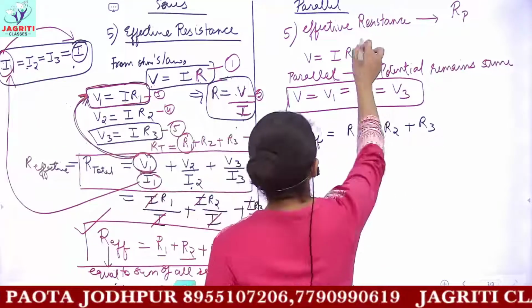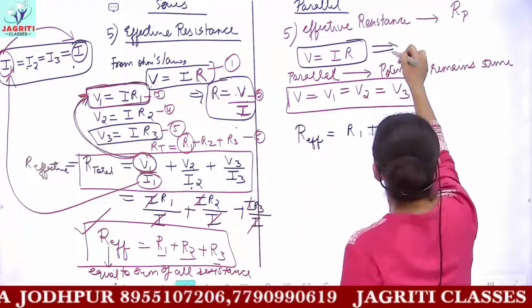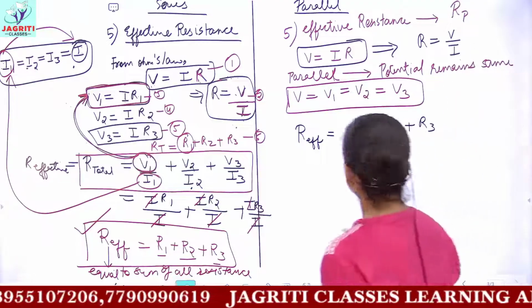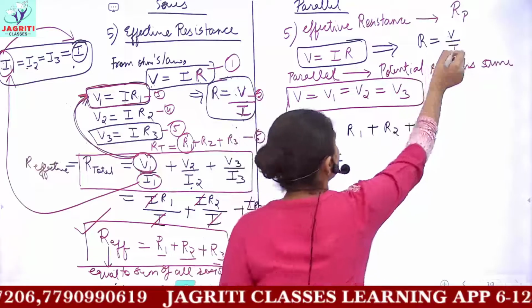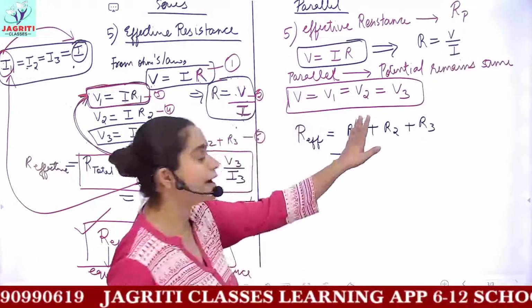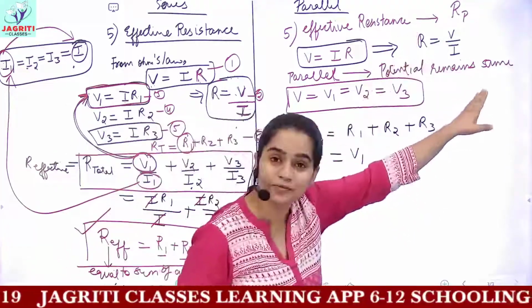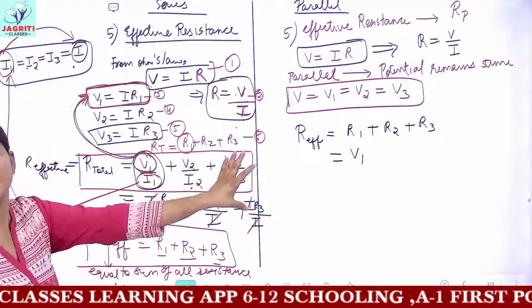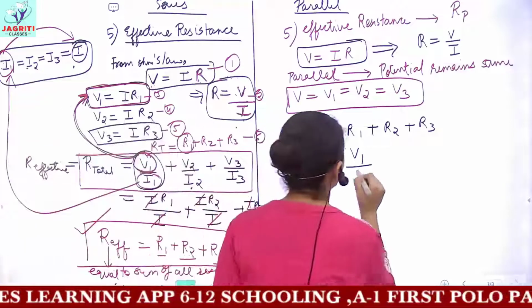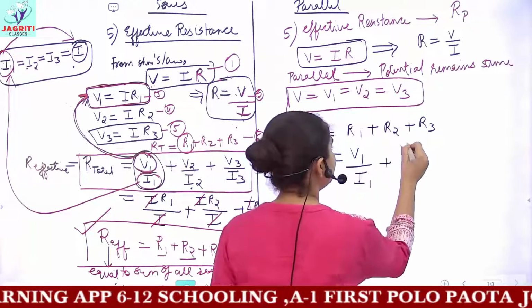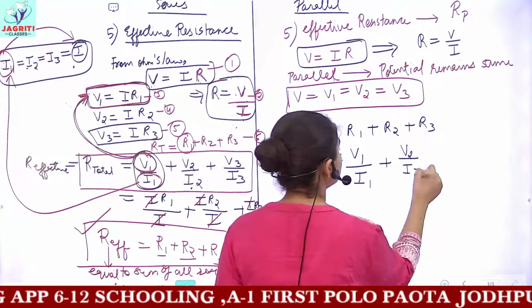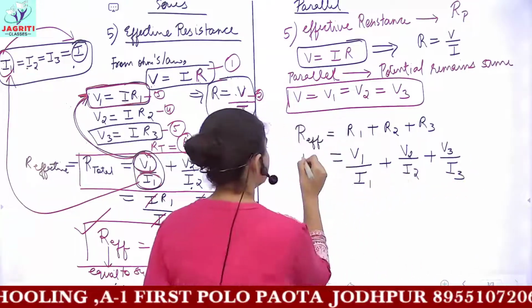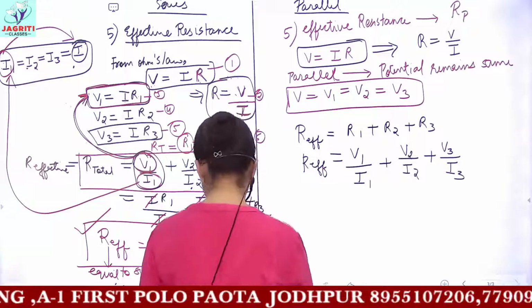Now we have to find the value of R. From Ohm's law, you know R is equal to V upon I. So R1 would be V1 upon I1. Instead of R1, I am writing V1 upon I1, likewise as we did earlier. So V1 upon I1, plus R2 which would be V2 upon I2, and R3 which would be V3 upon I3. This would be the value of R effective.